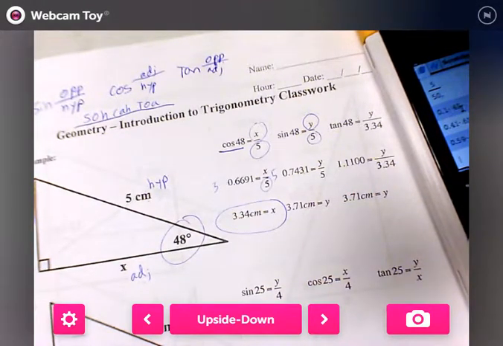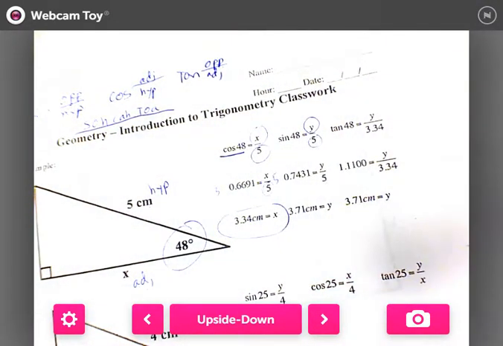So if I'm in my calculator, let's actually go here. Okay, if I'm in my calculator, 5.